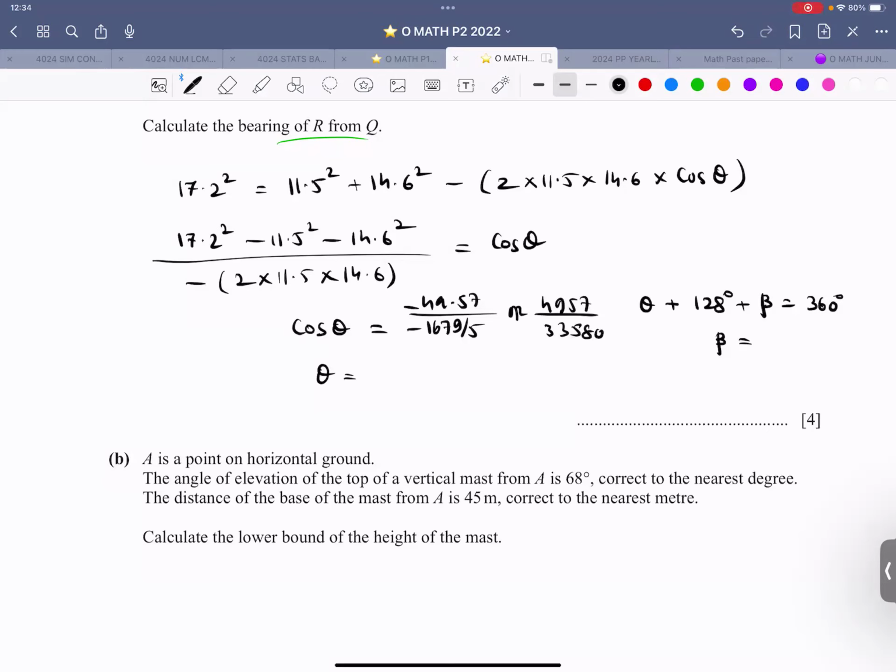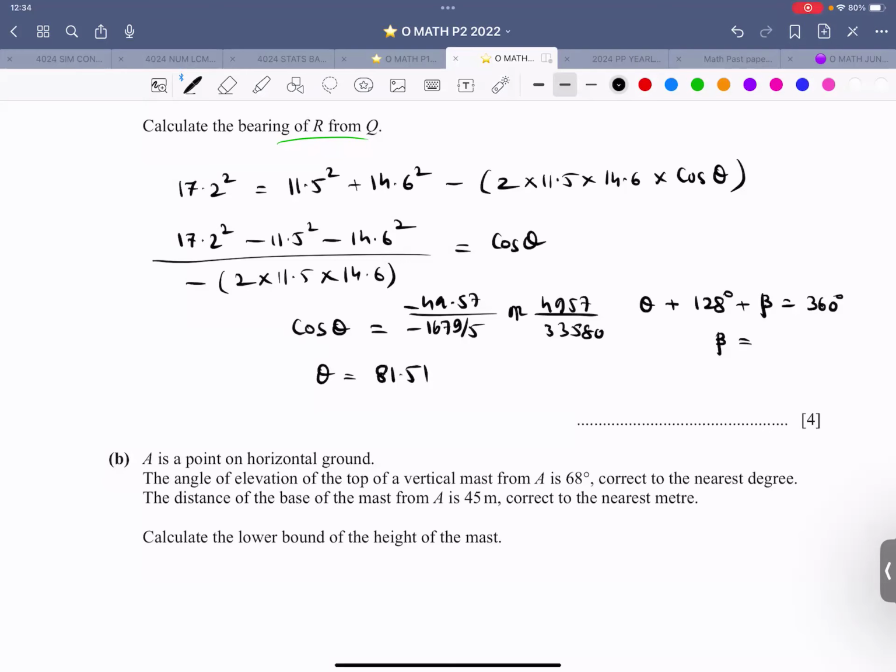My calculator is set on the exact form mode. So now if I use shift, and this is cosine inverse, and 4957 over 33580, and then we are closing the bracket, and this answer is coming out to be 81.51.